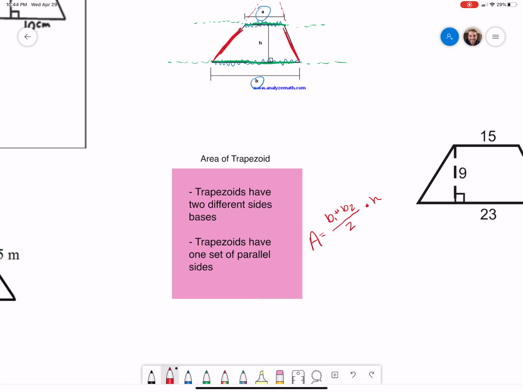My height is the line that's perpendicular, meeting at a 90-degree angle.